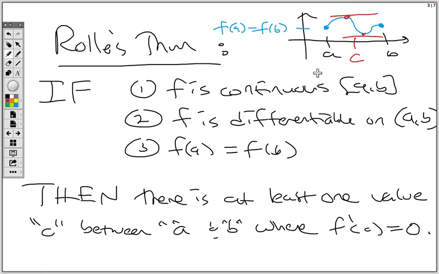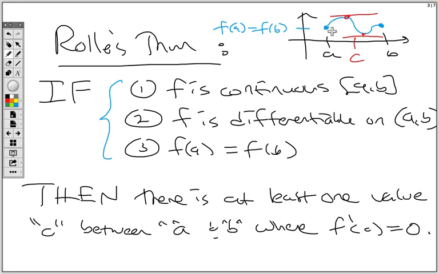All right. Now, Rolle's theorem can be shown using a couple of tools we have from the past. We're going to be using the extreme value theorem, and we're going to be using Fermat's theorem. And so here's the proof of it. For the proof, we're going to assume everything in the if part. Now, there is a trivial case we want to get out of the way first.